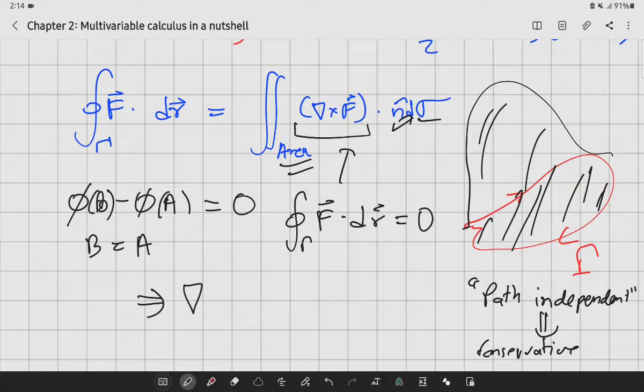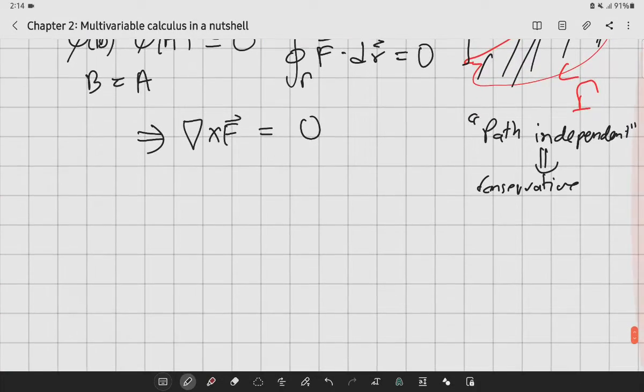Well, anyway, I wanted to tell you that curl of f is equal to 0. Now, if you remember back when we were discussing vector analysis, I told you that A cross B equals 0 if A is parallel to B, right?